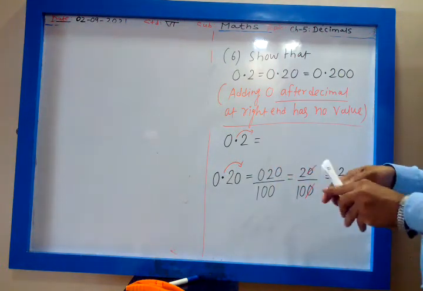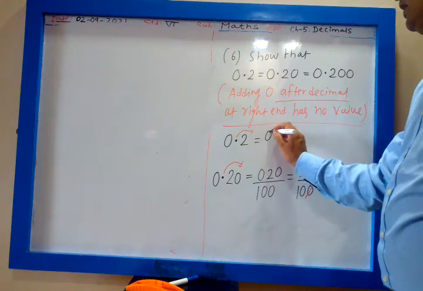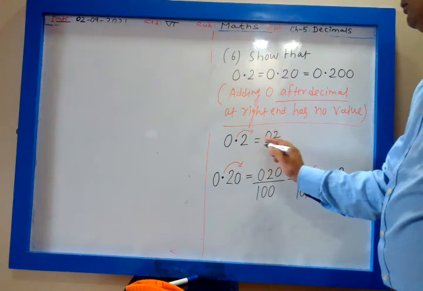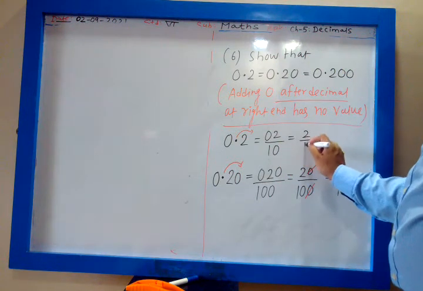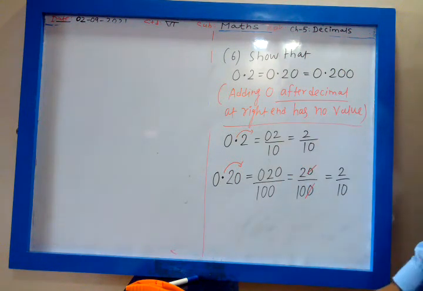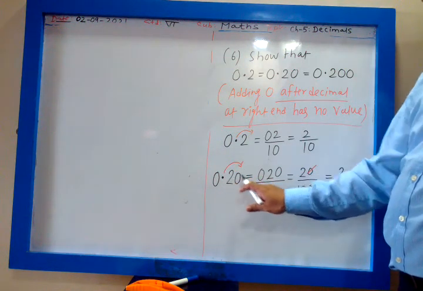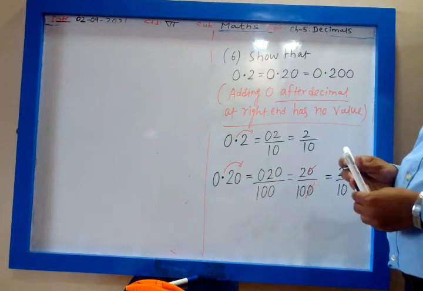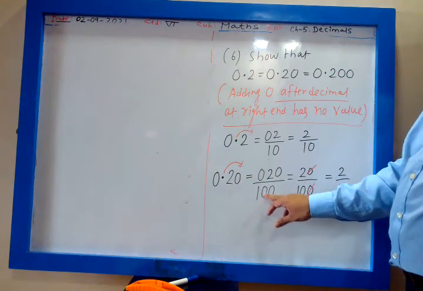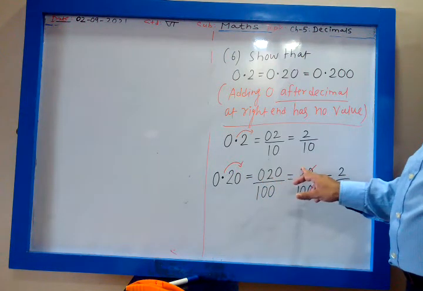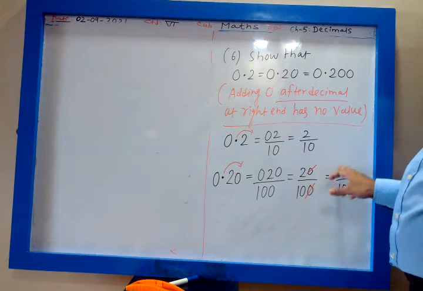After decimal one digit, so one 0 will be in the denominator, 10. 0.2 is same as 2 upon 10. Similarly, after decimal there are 2 digits, so there will be 2 zeros in the denominator, means 100. So 0.20 is same as 20 upon 100. One 0 gets cancelled, that is 2 upon 10.